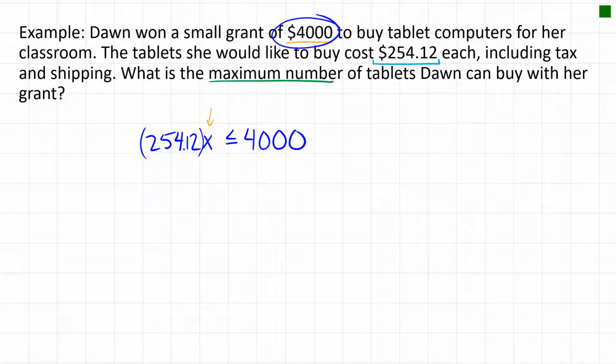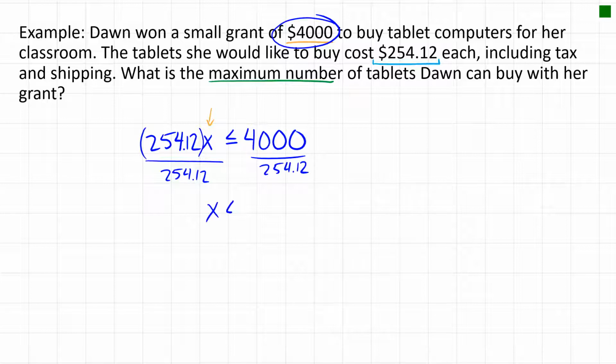So in this statement, we have an inequality statement that relates X, the number of tablets she could buy, to her constraint, which is a $4,000 budget. So to solve this, we'll just divide each side by $254.12.